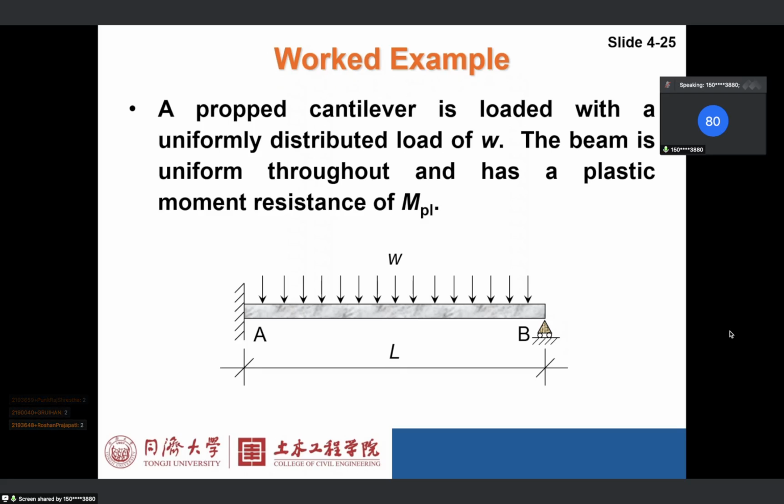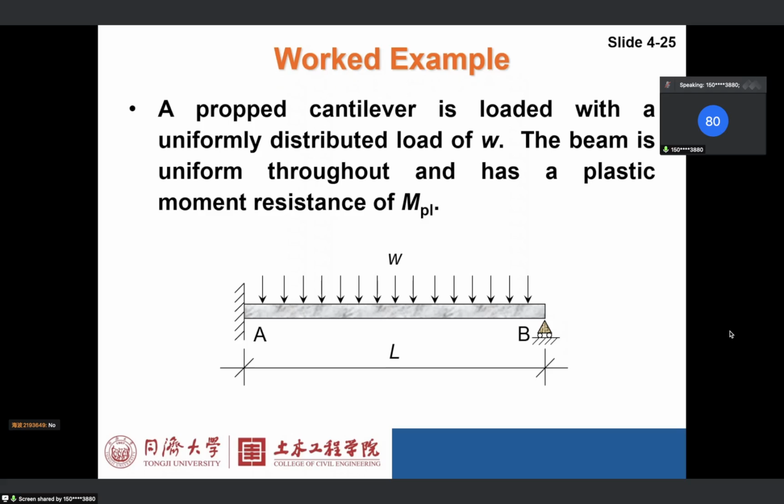Can someone tell me the location of the plastic hinge in the span? There will be a plastic hinge here at A. But do you know the exact location of the second plastic hinge? Somebody says half of L. Does anyone disagree?